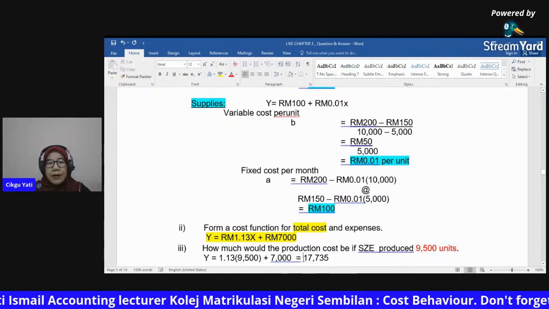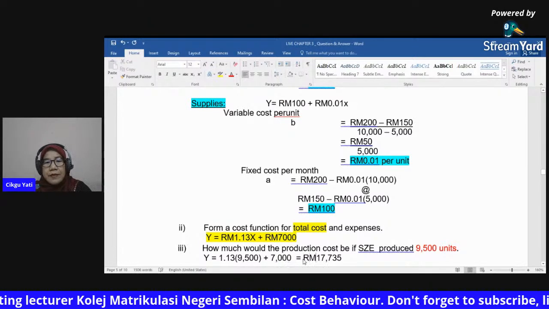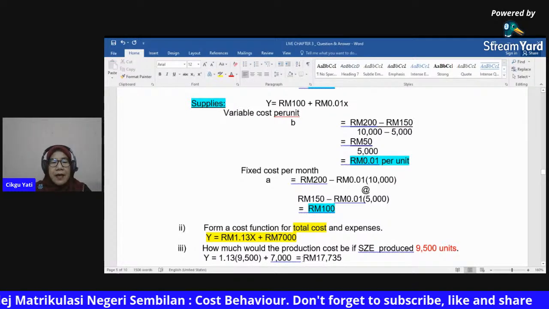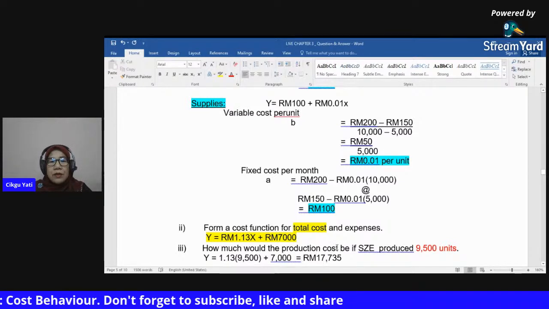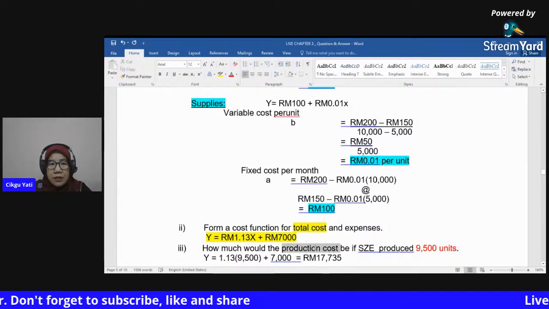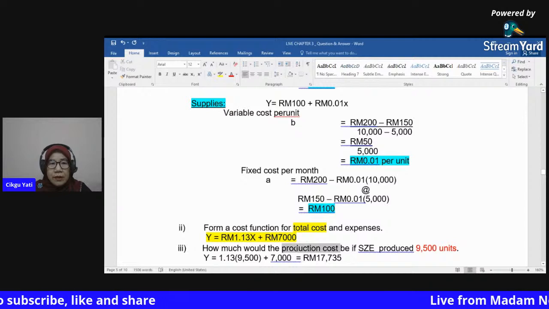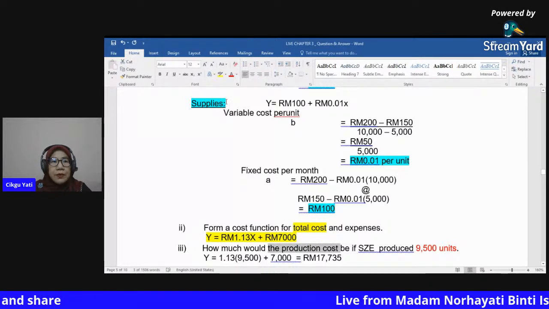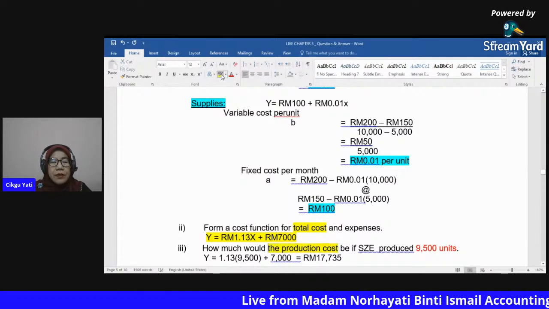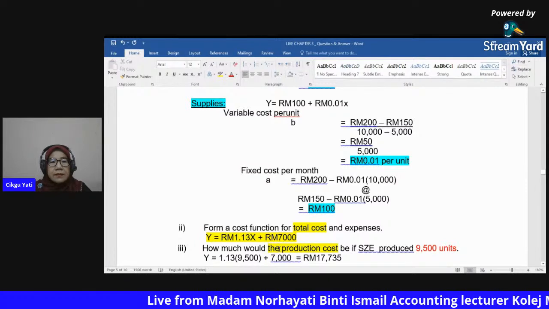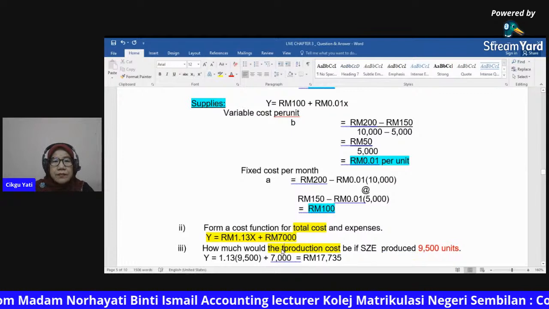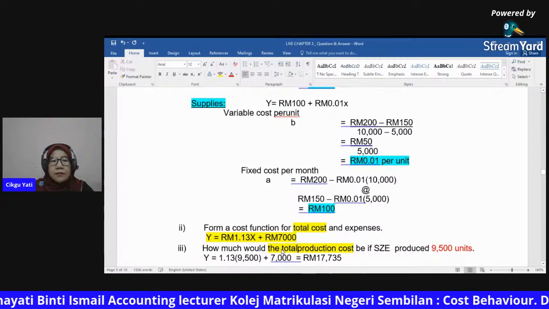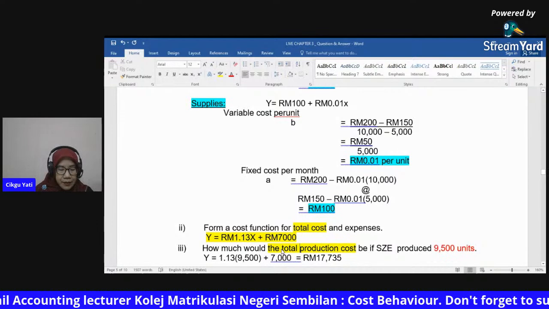This one represents RM. So this one is the total production cost. This represents the total. Okay, total production cost. You have to add all the items, the total production cost. Okay. Now the next one.